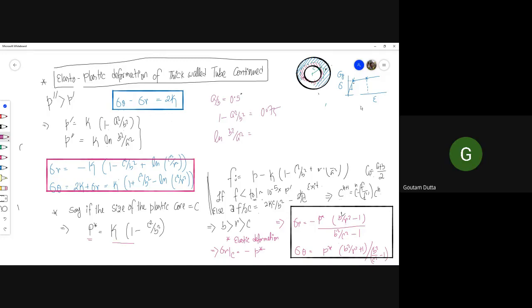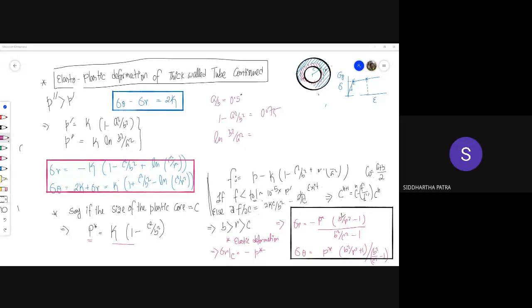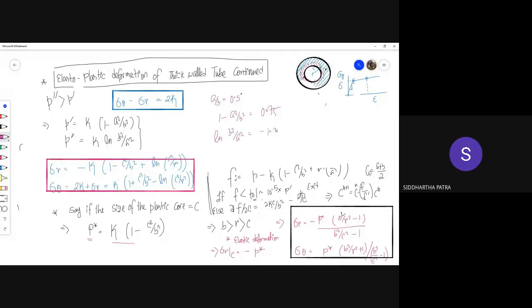Can you calculate minus this? Minus 1.38. Minus 1.38. Okay, P prime just turned out to be minus K times this quantity, right?